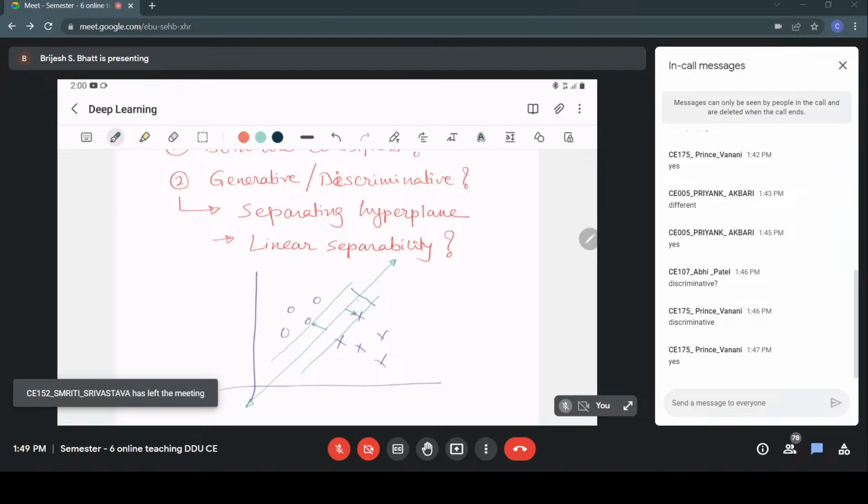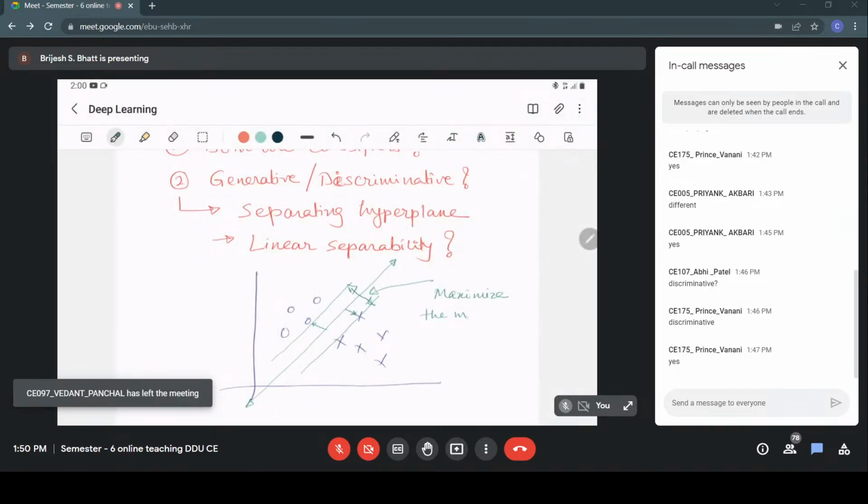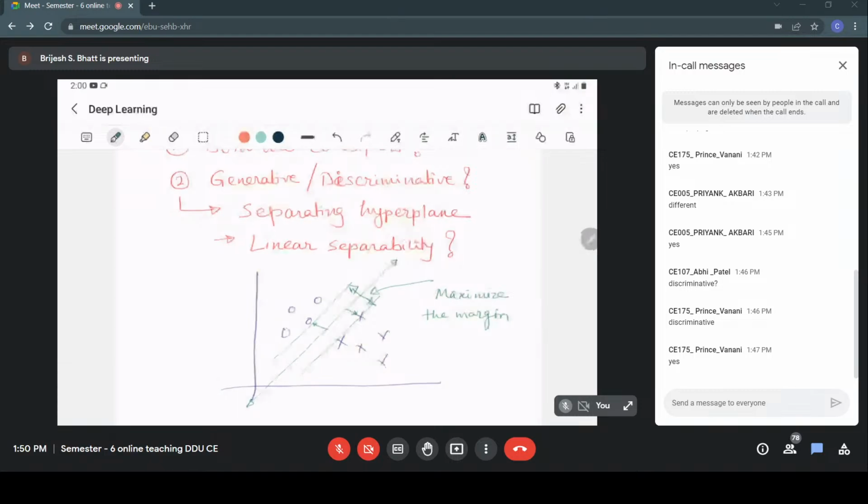We want to maximize this margin. So this is called max margin classifier, support vector machine I'm talking about. Support vector machine maximizes the margin. The SVM is called max margin classifier.